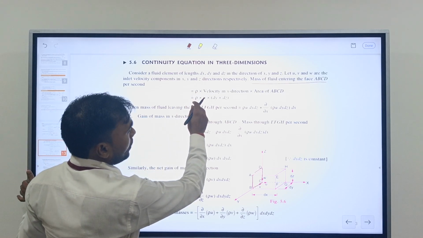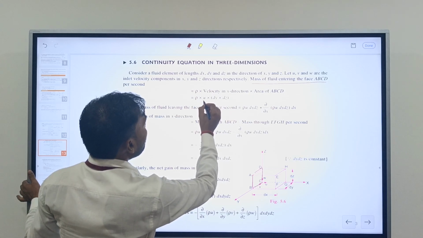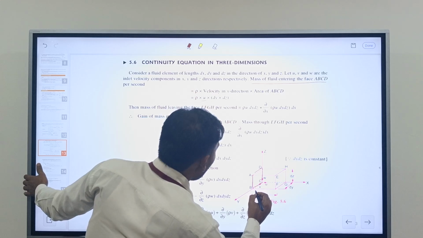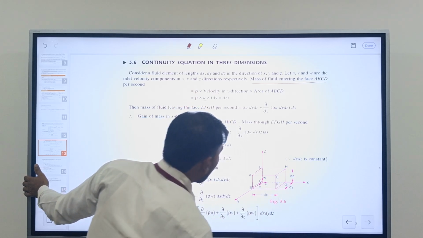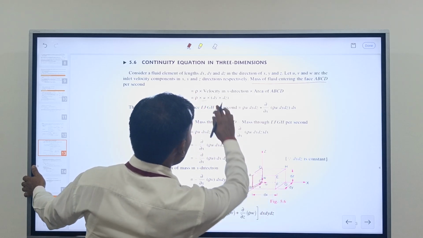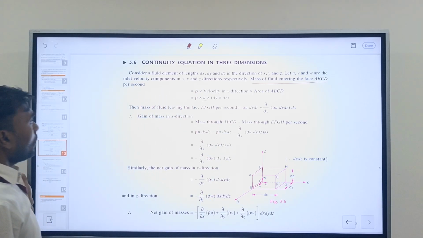Density is given as rho, velocity in this direction is small u, and the area of face ABCD will be dy in the y direction and dz in the z direction.